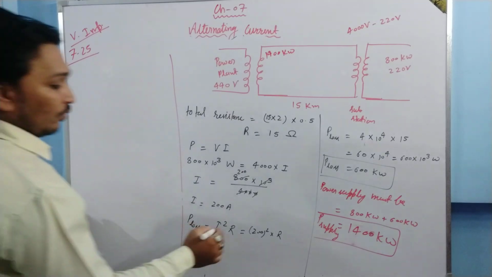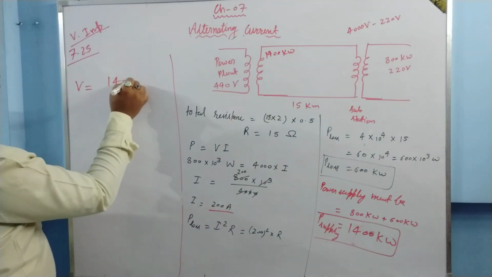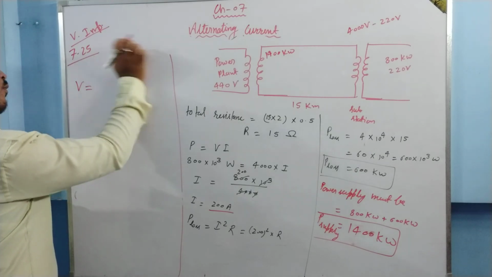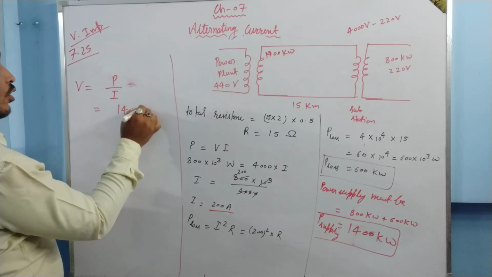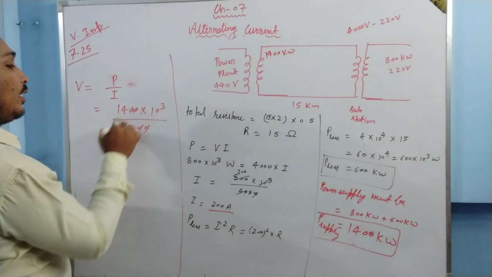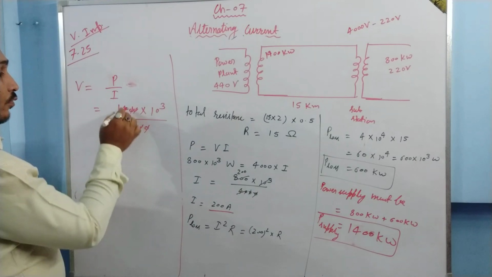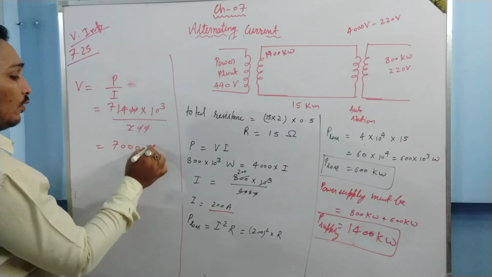Voltage is equal to power upon current. So power is 1400 kilowatt, 1400 into 10 to the power 3 upon 200. 200 will be cancelled out. So we are going to have 7 into 10 to the power 3, it is 7000 volt.